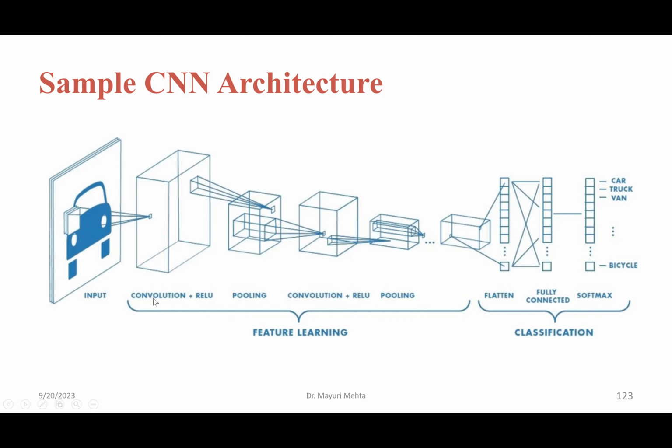The one is the convolutional layer. Then the activation layer, where ReLU is used in this figure. So convolutional layer, ReLU layer, then the pooling layer. And at last, you can see that a fully connected layer is there. The whole figure represents the architecture of a convolutional neural network.